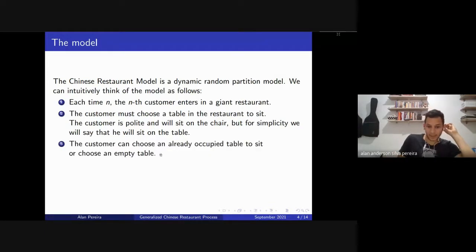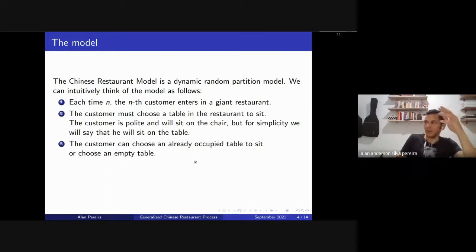The customer can choose either a table that is already occupied, or he takes a new table. The tables are not labeled, so we label the tables in the order the people occupy them.